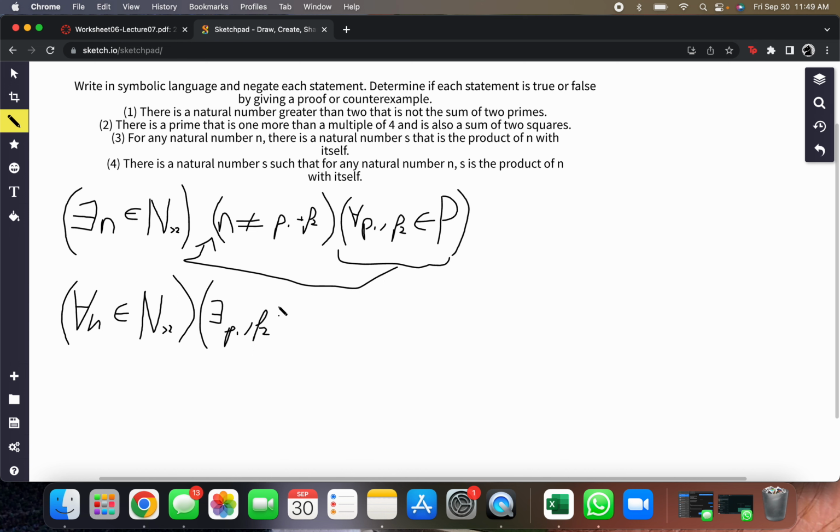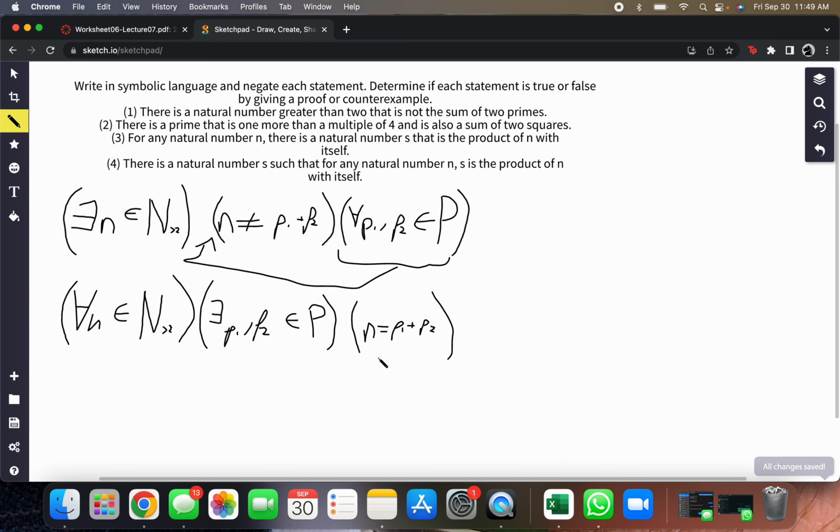It kind of just applies to everything in here. Exists a p1 and there exists a p2 in the world of the primes. So there are 2 specific primes such that n equals p1 plus p2.